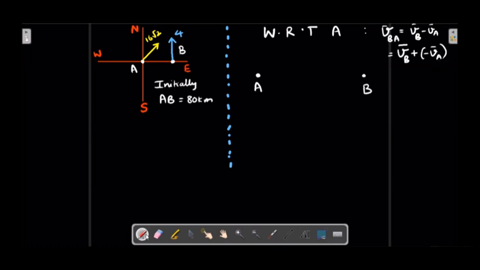Can I say that? So as seen by an observer sitting on A, so this is my observer now, he will say I am always at rest. Then he says I see a velocity vector of B and the negative vector of A added to this B. So the negative vector of A would be a reverse like this, right? That vector I'll place here like this.